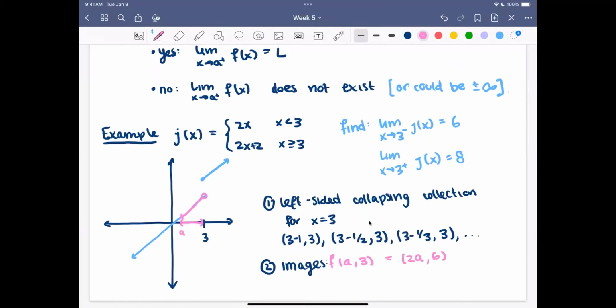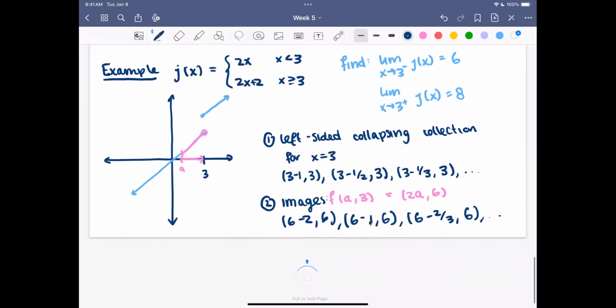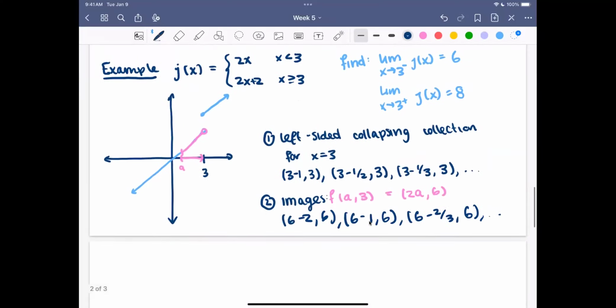So the images become 6 minus 2 comma 6, 6 minus 1 comma 6, 6 minus 2/3 comma 6, and so on. Okay, are there any questions about that step?